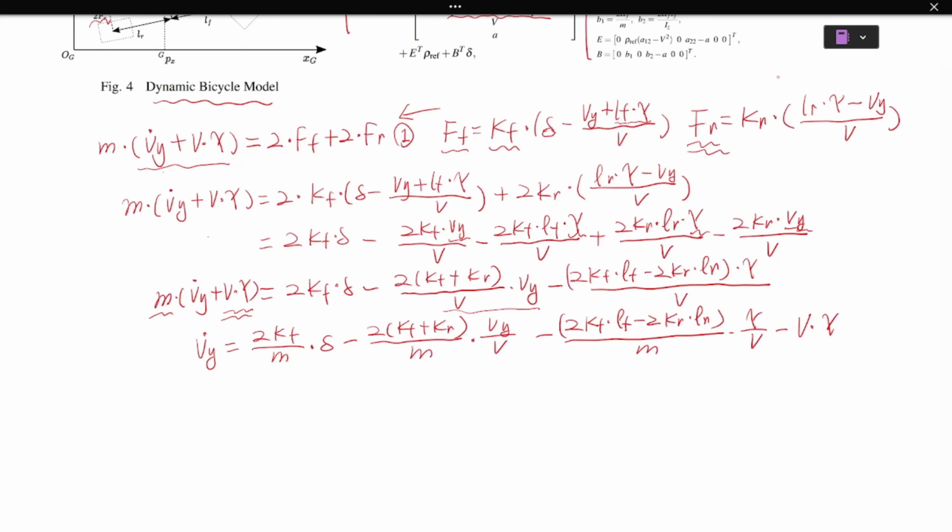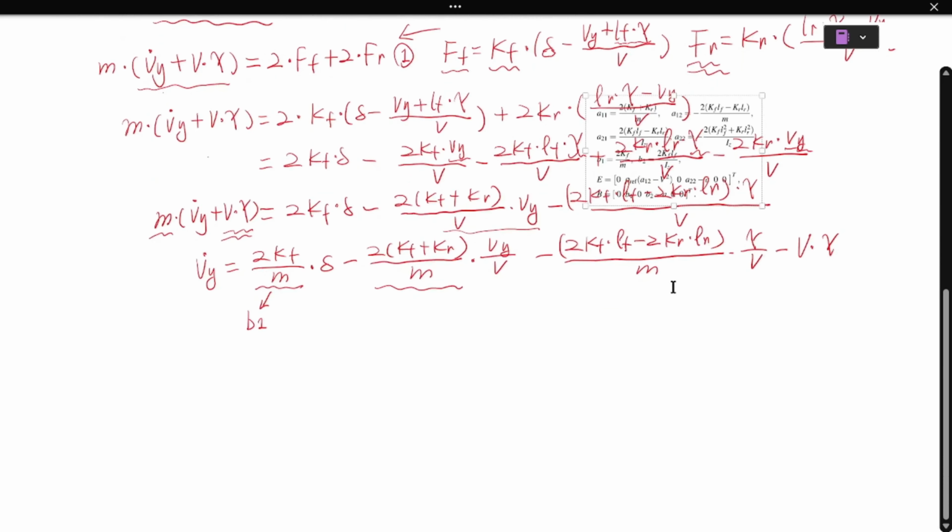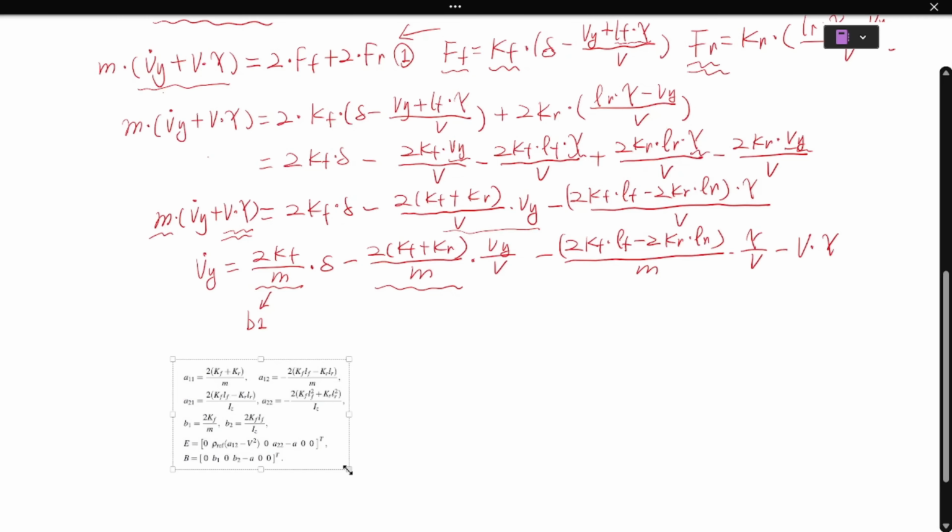Okay, here this coefficient equals b1. Actually, let me move this figure here.